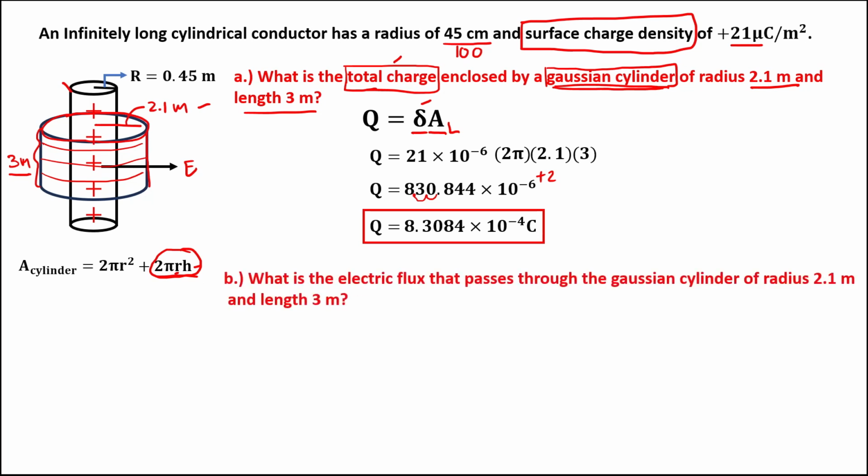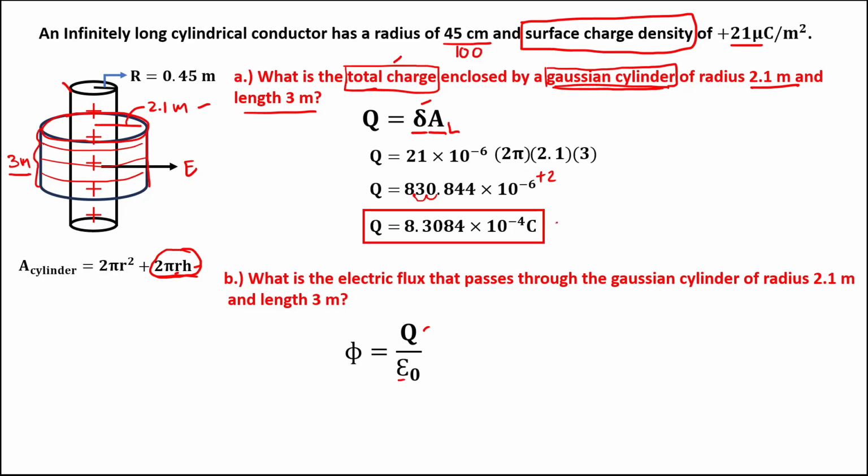Then for this problem, what is the electric flux that passes through the Gaussian cylinder of radius 2.1 meters and the length is 3 meters? Using Gauss's law to find the electric flux, we have the total charge over epsilon sub naught.